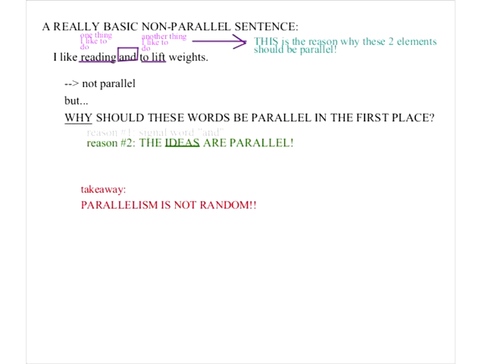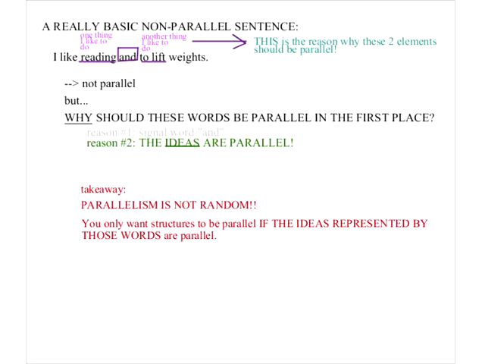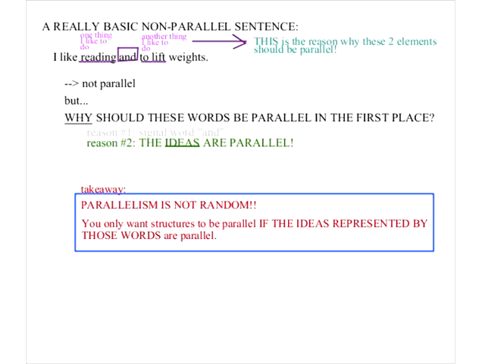You shouldn't make structures, or at least you only want structures to be parallel if the ideas represented by those words are parallel. So this is super important. All right, does this make sense? Smiley face if you guys understand what we're saying here.